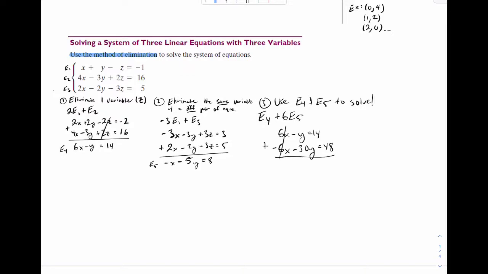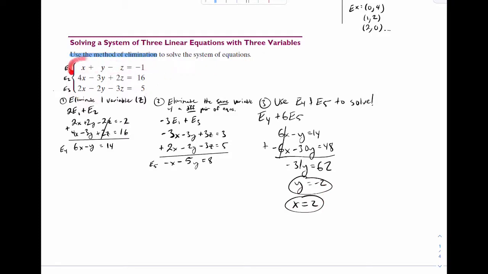Let's add that. So now I have -31y. That's equal to 62. Y is equal to -2. You got y. Once you have y, plug it back into any of these. So if I plug in y to this one, for example, I can see that x should be 2. And then you plug in these two into really any one of these.